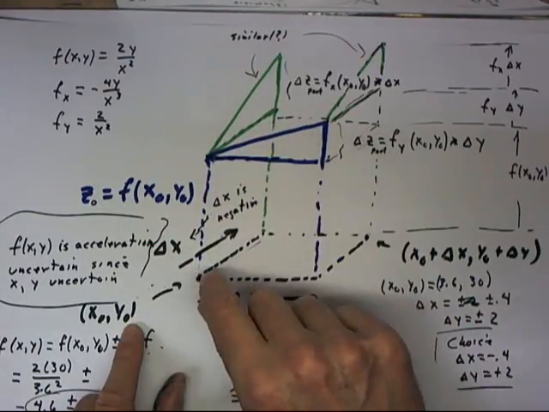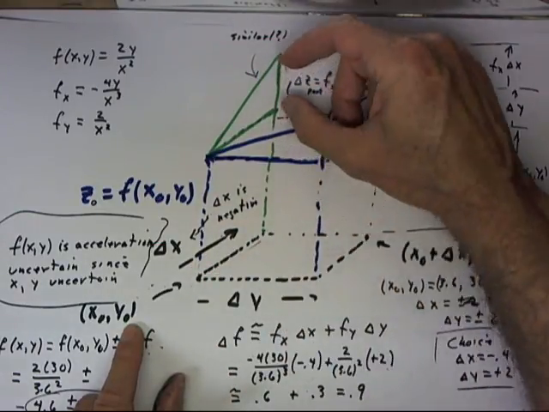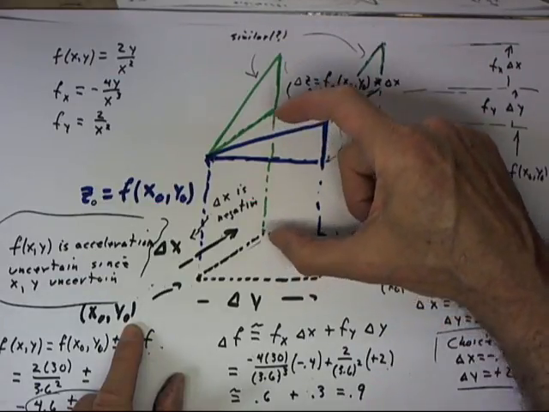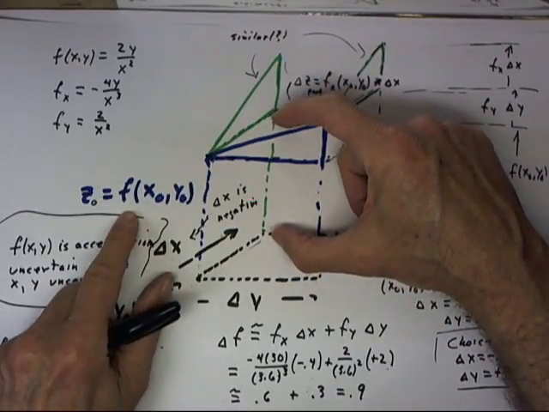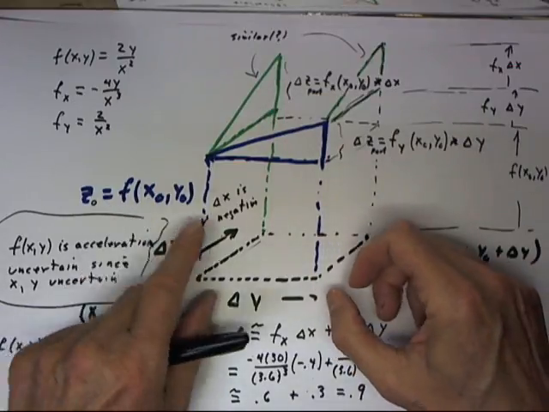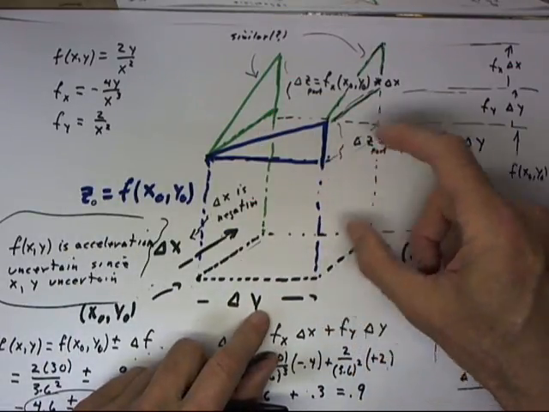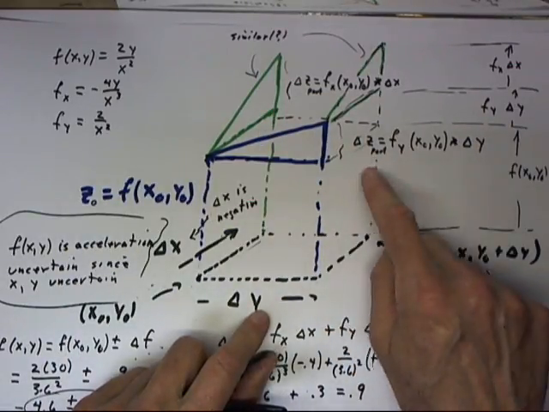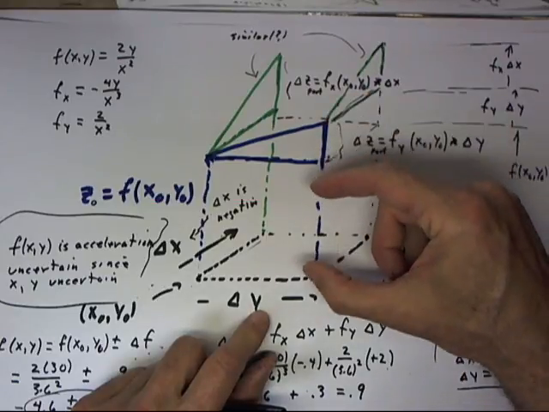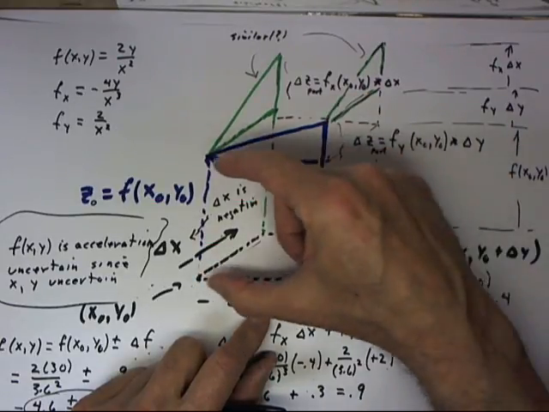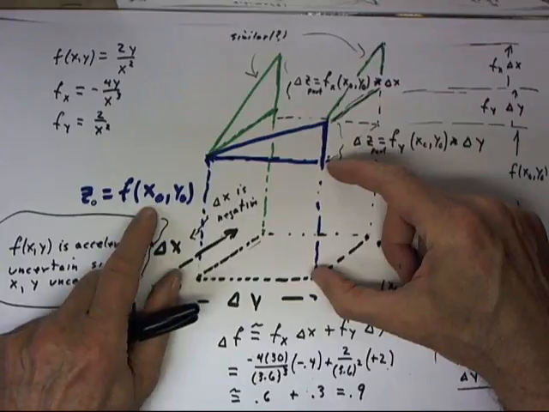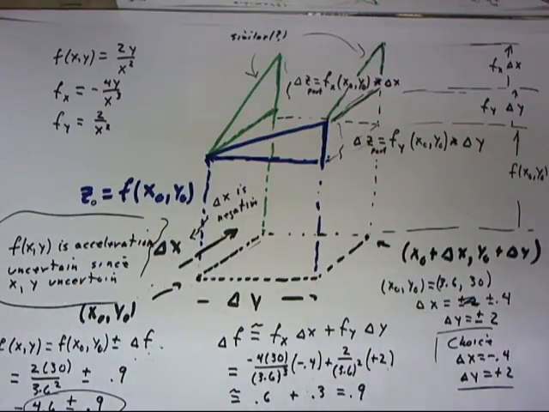So that as we move in the x direction, we add this delta z to the value z naught that we started with. Similarly, as we move in this direction, we add our delta z for the y direction onto the original value of z, the value z naught equals f of x naught, y naught.